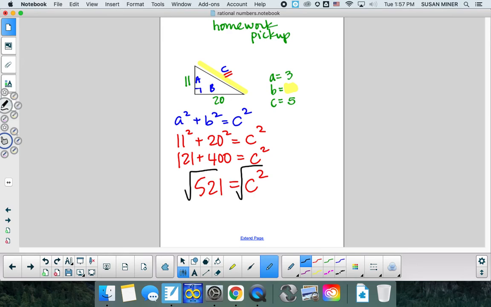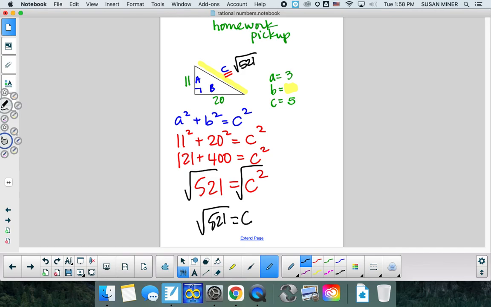And none of those work, so I'm just going to leave it as C equals the square root of 521. If it doesn't go into any of those, it might be a 17. Nope, even 17 doesn't work. So we're just going to leave it as the square root of 521.